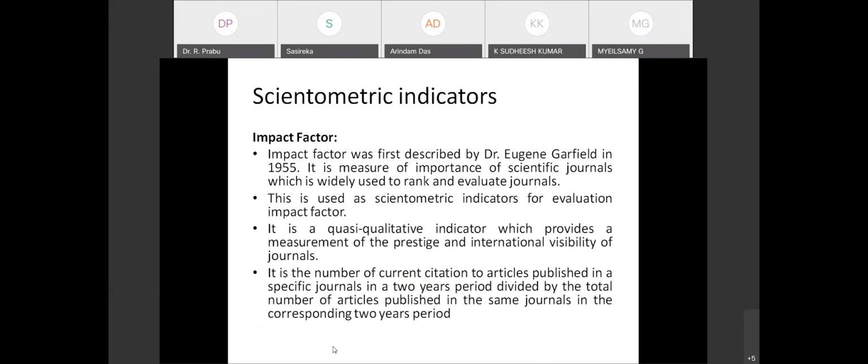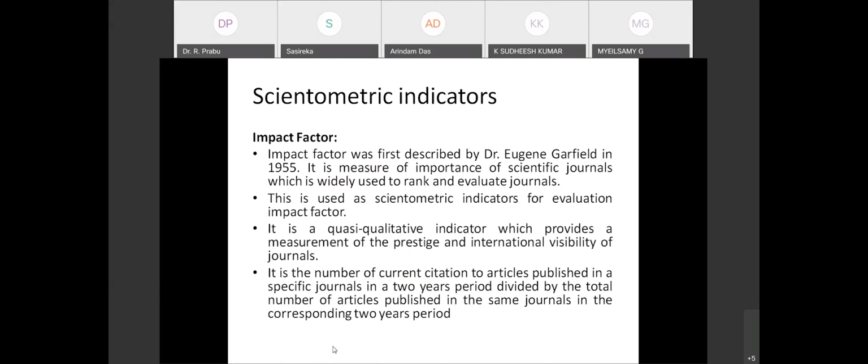Now we are going to discuss another scientometric indicator, the impact factor. It is very commonly used by everyone now, and everyone should understand this concept. When you work in the field of library and information science or any environment, this concept is widely applied and people are talking about it.